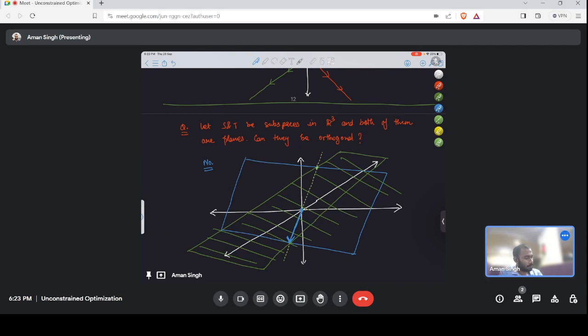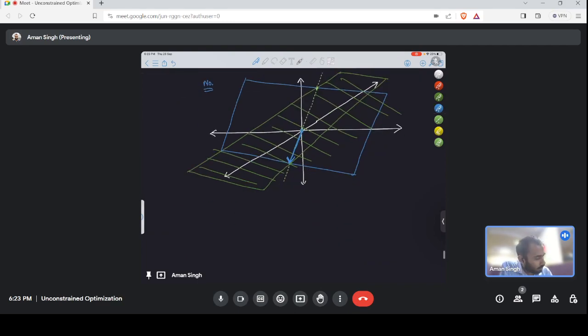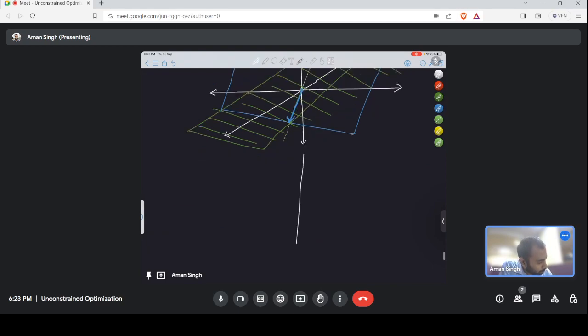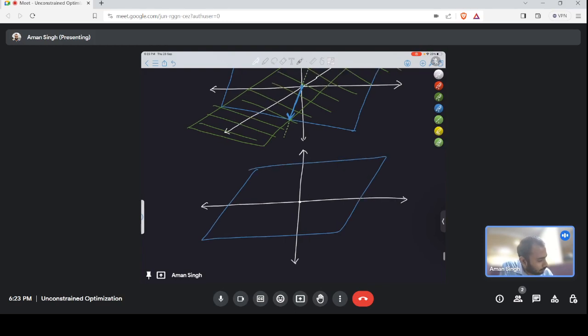Hence, as it turns out, if there is a subspace S which is a plane in R3, then its orthogonal subspace has to be at most a line. And that line is the line perpendicular to the plane.